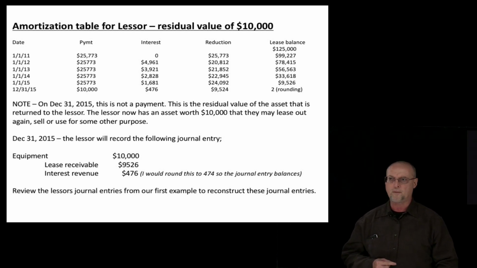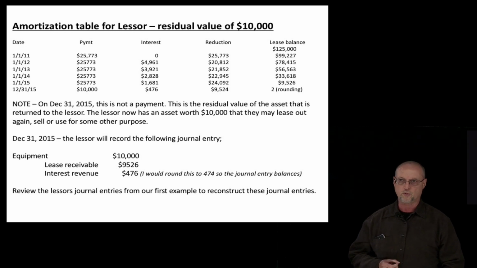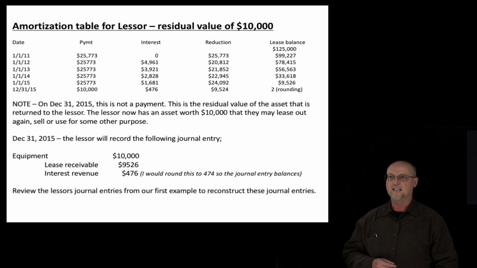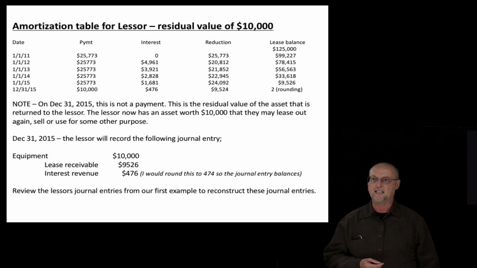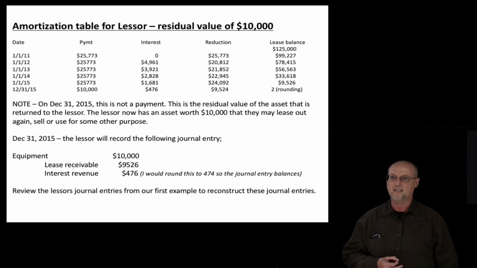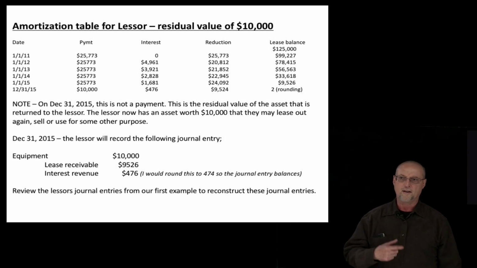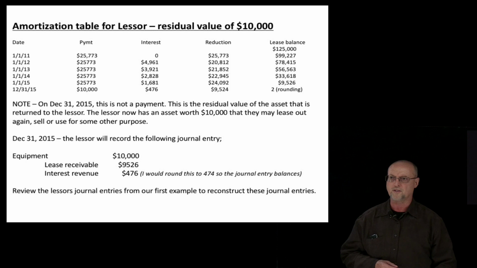They debit the equipment for $10,000, the residual value. They're going to credit the lease receivable for the remaining balance of $9,526. And in the last year, they recognize $476 of interest revenue. And again, there's a small rounding error in there. So if you want the journal entry to balance, put whatever the interest revenue would be, $474 in this case.